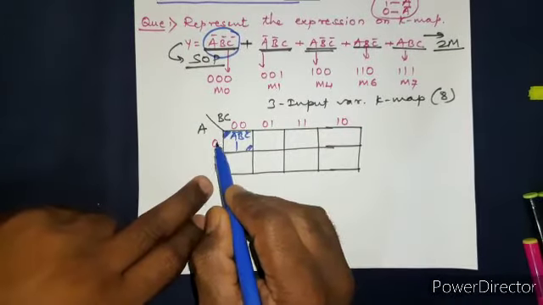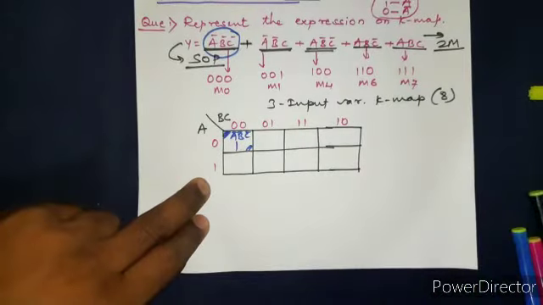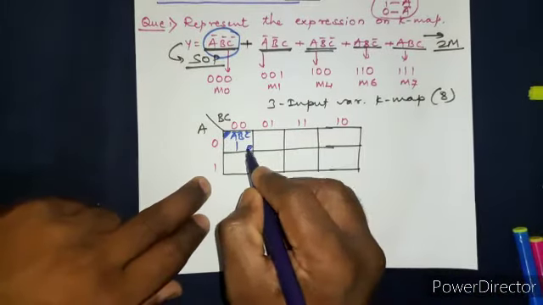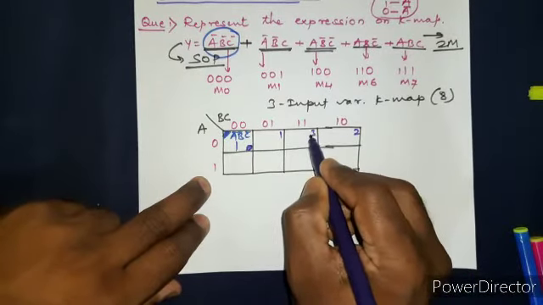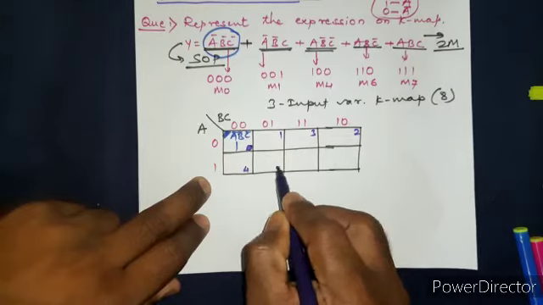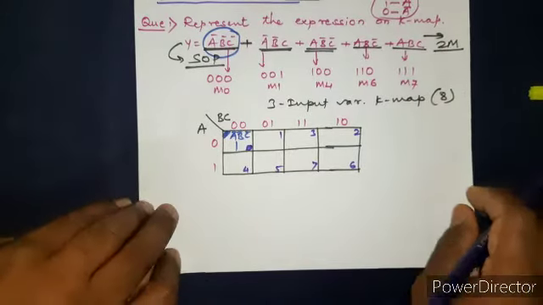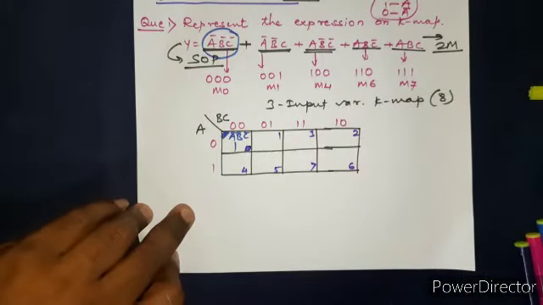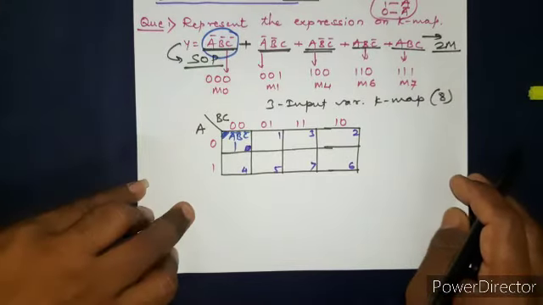Now if you go this way, this is 0 0 0, and I'll just first number these cells. So this is 0 1 2 3 4 5 6 7. Just to avoid the confusion, what I always do is first number the cells. If you number the cells properly, then your simplification answer will be correct.